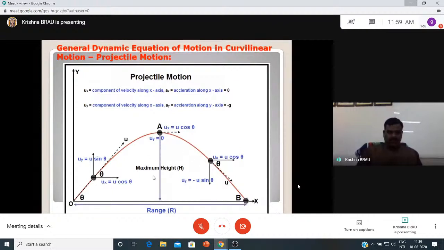When you are coming here, ux and uy at the topmost point, maximum height is reached. The velocity in that particular y direction is 0, because it has to come down. Then ux is equal to, so like this, uy is 0, and this is ux and uy.